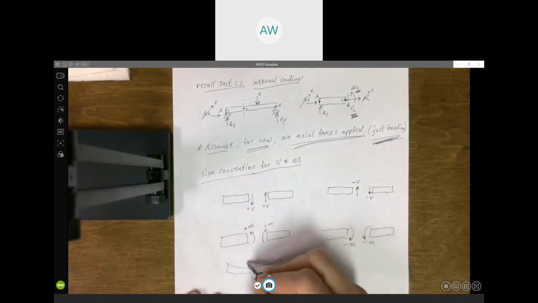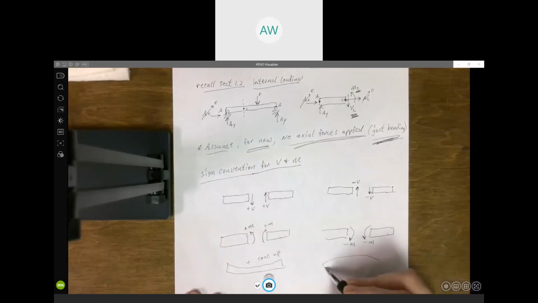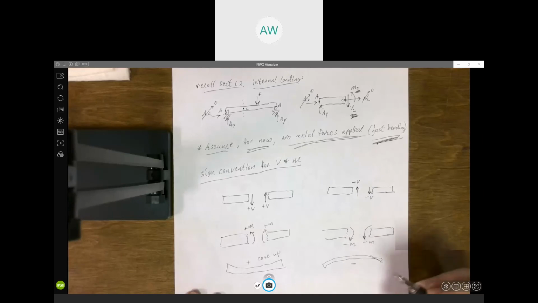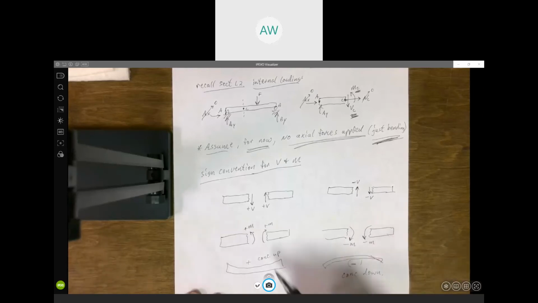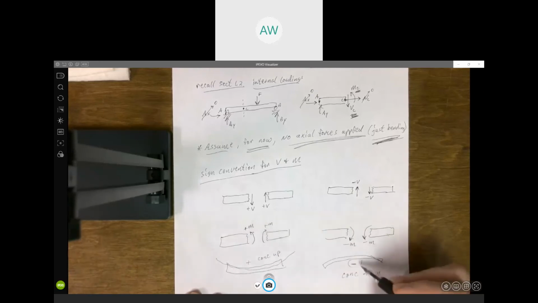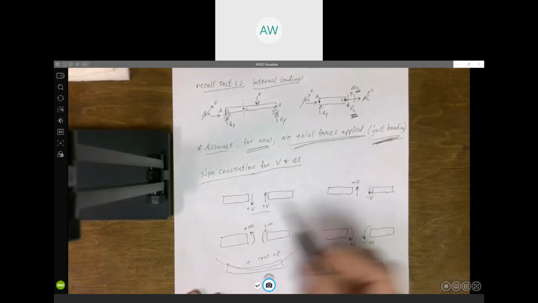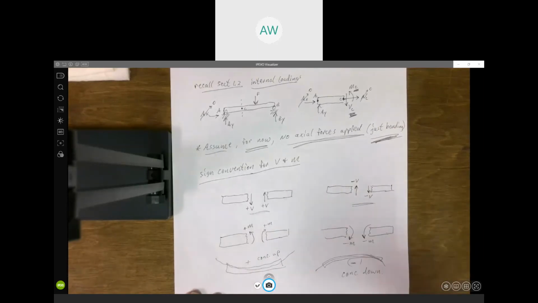It's concave up. A negative moment causes a beam to bend like that. It's concave down. So you remember, if you're up, you're happy and you're smiling. Negative, you're down, you're sad, you're frowning. So that's a good way to always remember what's a positive moment or a negative moment. No good analogy for the shear force. You just have to remember this is what we're defining to be positive directions for V and M.